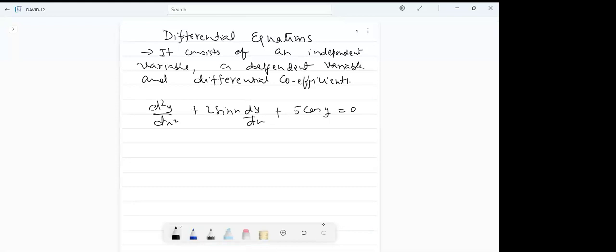Now coming to order and degree of a differential equation.